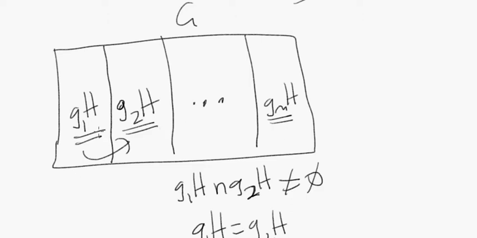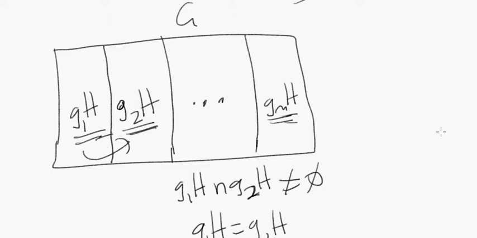Okay, so given this information, can we modify our partition into a partition that will guarantee us that we have pairwise disjointness, without of course losing the other properties? Every group element is in some coset and every partition is a coset. How do we resolve this problem?